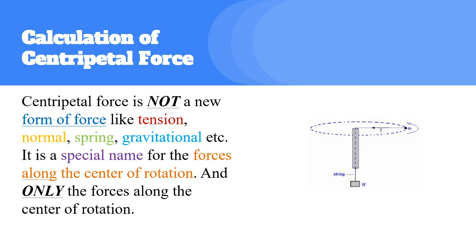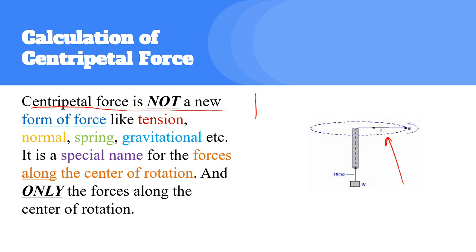Alright, calculation of centripetal force. When we are calculating centripetal force, we need to understand that centripetal force is not a new type of force. It is the force that is keeping the objects in their circular orbit. So for example, if the mass is able to stay in that circular orbit, there is one force responsible for that, which is tension.